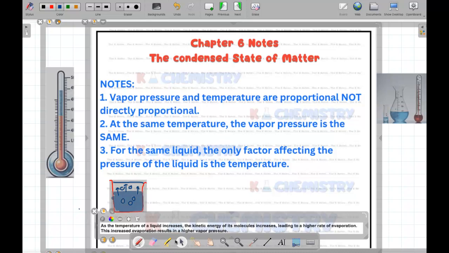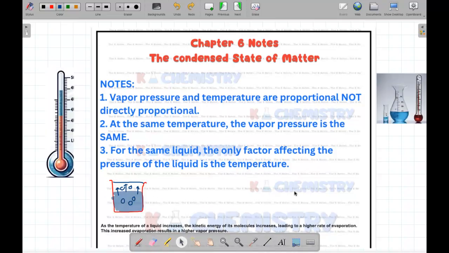At the same temperature, if I have two liquids, like let's say liquid A and liquid B, they might be two different liquids, but if the temperature is the same, then the number of particles that will rise here and make vapor pressure will be the same.